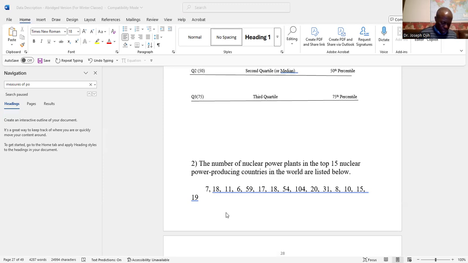Amari, I got her. Elisa, got Elisa here. Blessing, got Blessing.